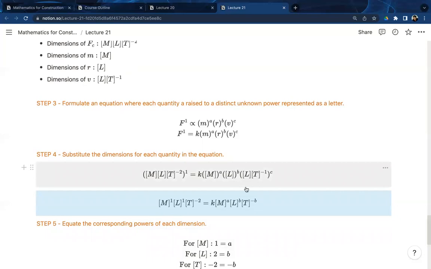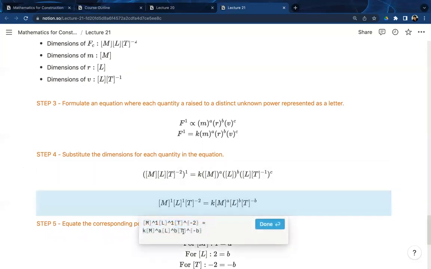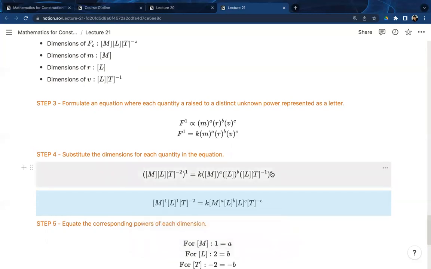And this is another L. We'll have an L to the power C. You see this power C here distributes on the L, so you get L to the C, and T to the minus 1 by C is T to the minus C.